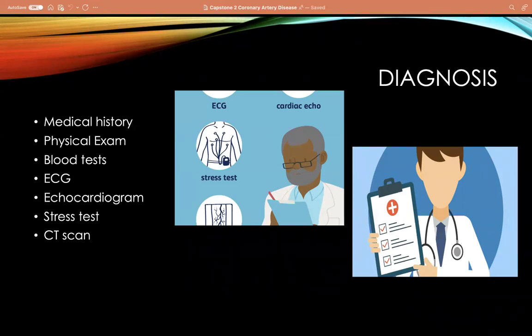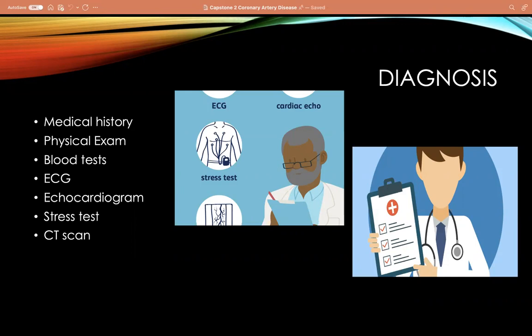The next stress test is a nuclear stress test. This is pretty much the same as an exercise stress test, but it adds images of the ECG recording, which will measure the blood flow to your heart muscles when the patient is at rest and when the patient is under stress.